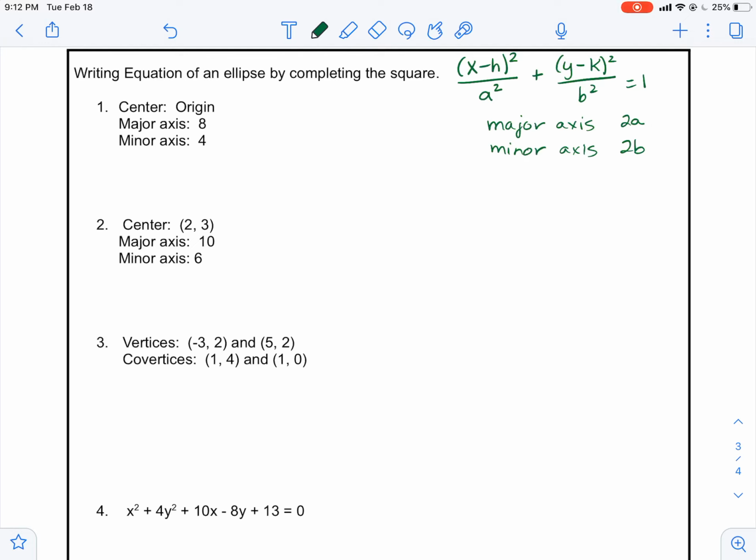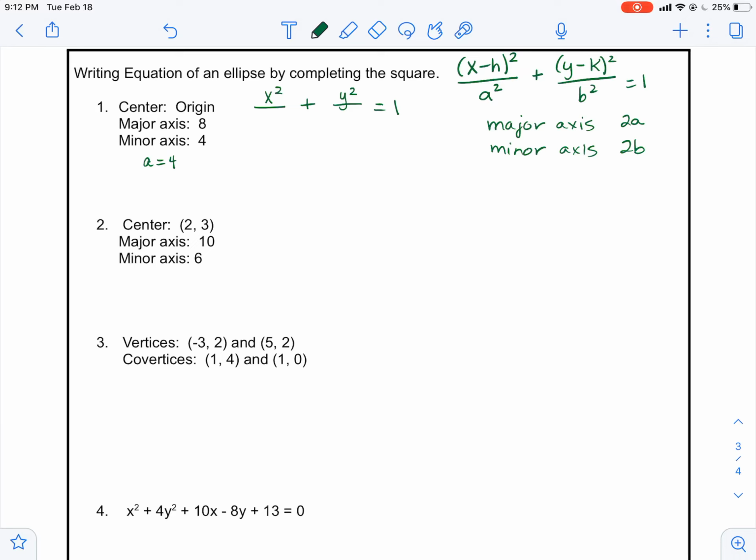On the ones that I'm giving you, we're just going to go with a horizontal ellipse. We're just going to write an equation here. So this one goes through the origin. That means the h, k is 0, 0, so I really don't need to add or subtract. Again, my major axis is 2 times a, so that is going to make a be 4 in this case.